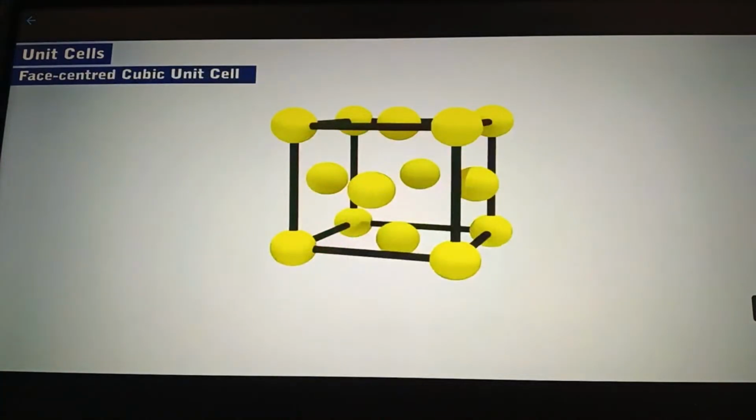The face-centered cubic lattice consists of 8 corner atoms, just like in the simple and body-centered cubic lattice. However, it also contains 6 more atoms at the 6 faces of the cube cell.